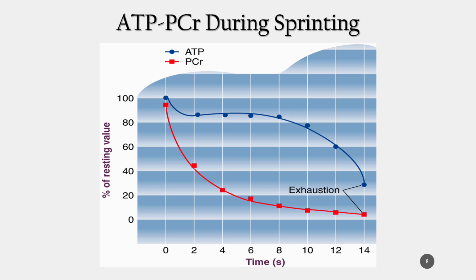ATP levels appear to not change dramatically, but they change a little over time. But we really lose a whole lot of PCR and the ability to transfer that energy. So the combination of these leads to exhaustion. Therefore, after that time point, we're going to need to recover for the next bout of activity.